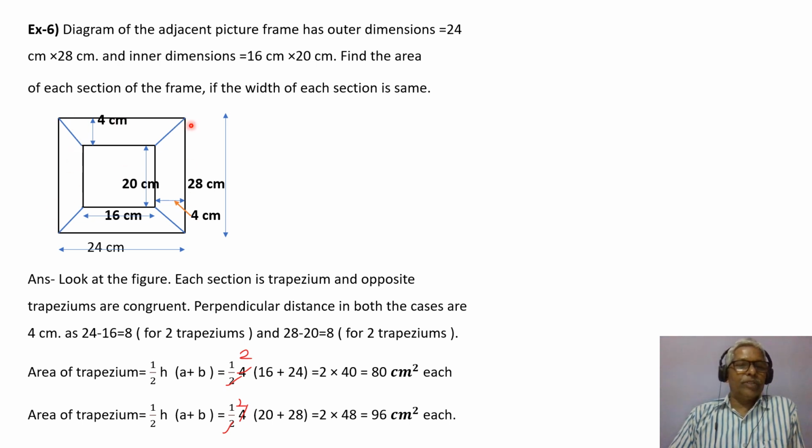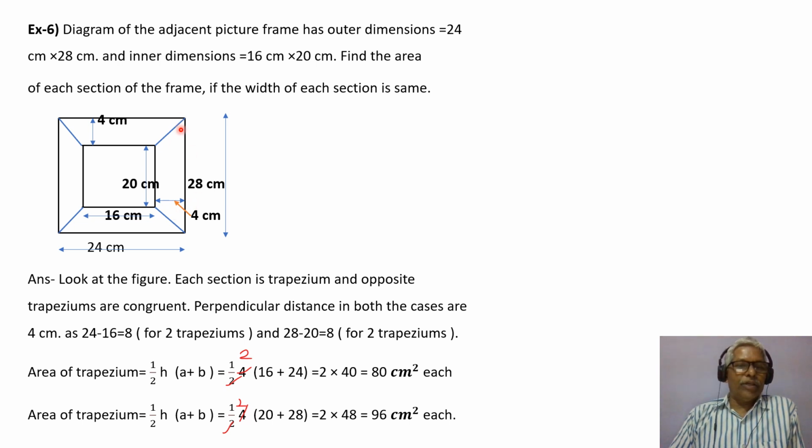Similarly here, this is 24 and this is 16, and the area of this will be the same as the area of this. From here to here is 24, 16 goes here, so 4 is left here and 4 is left here as the height of this trapezium.